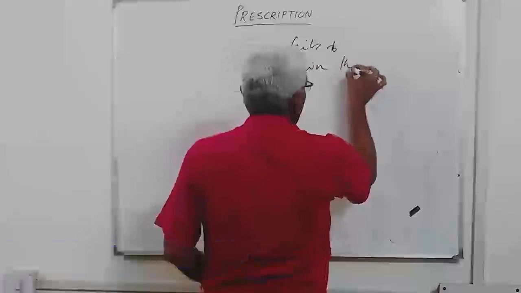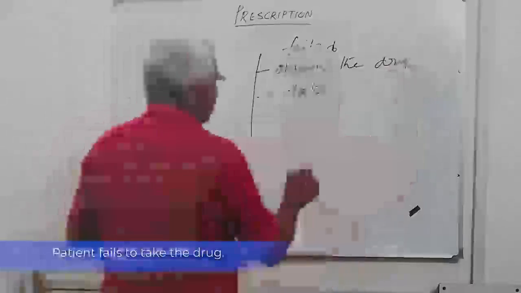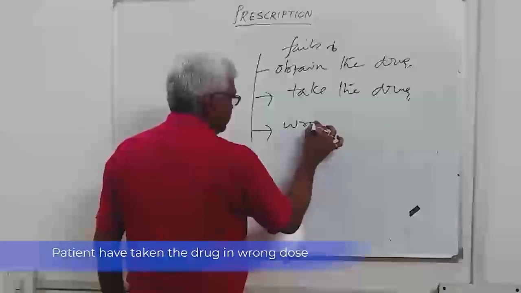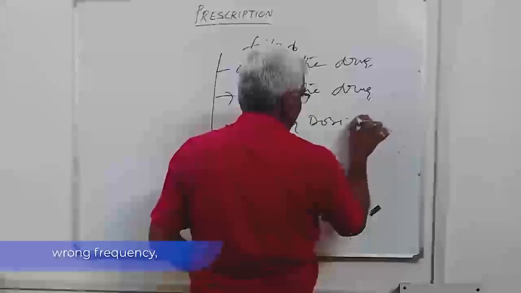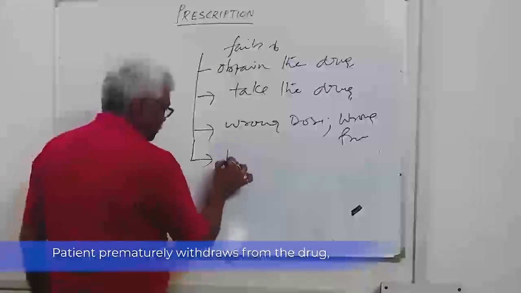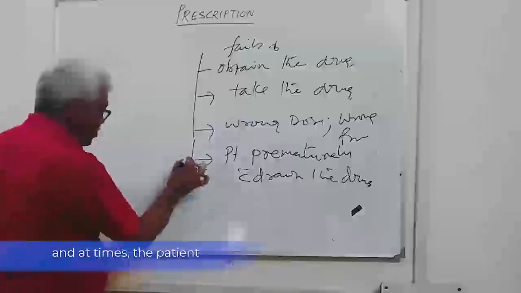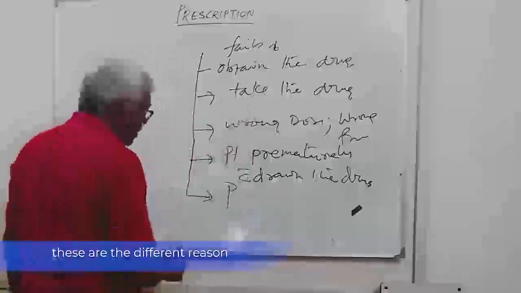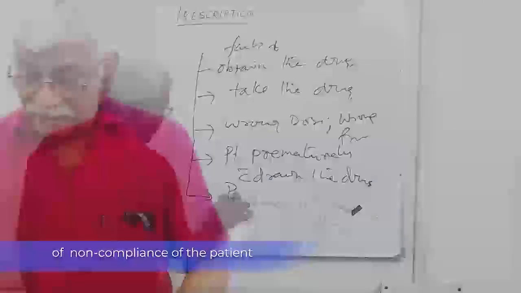Patient fails to take the drug. Patient has taken a drug in a wrong dose, wrong frequency. Patient prematurely withdraws the drug, and at times patient shares the medication with others. These are the different reasons for the non-compliance of the patient.